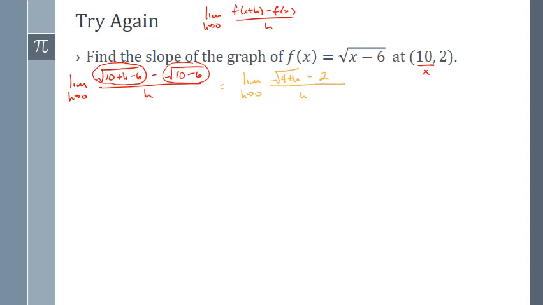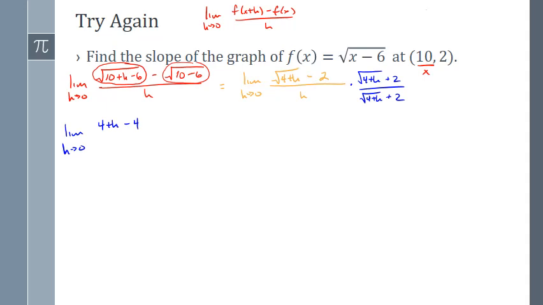Now we're going to use our conjugate, so we're going to multiply the top and the bottom by radical 4 plus h plus 2 over radical 4 plus h plus 2. And that's going to give me the limit as h goes to 0 of 4 plus h minus 4. Remember, when you multiply by the conjugate, you square the first term, square the last term, put a subtraction between them.